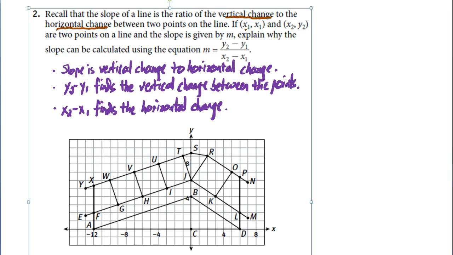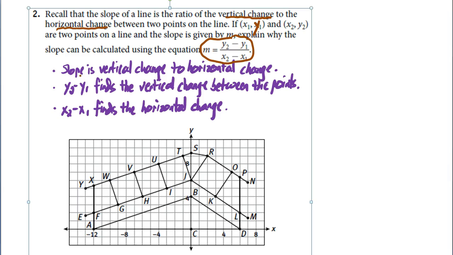If we use these variables to represent ordered pairs, x1, y1, and x2, y2, to be any 2 points on a line, and we use the letter m to represent the word slope, explain why the slope can be calculated using the equation m equals y2 minus y1 divided by x2 minus x1. I hope that you recognize that equation from algebra as the formula for slope. So this is asking us to explain why this works.